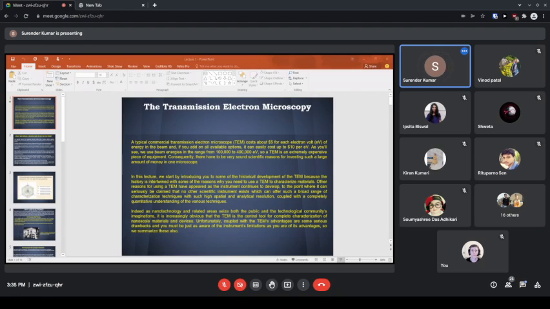It can do any spectroscopy experiment, and you can have magnetic measurements or whatever. So it is very important to understand how electrons interact with matter.